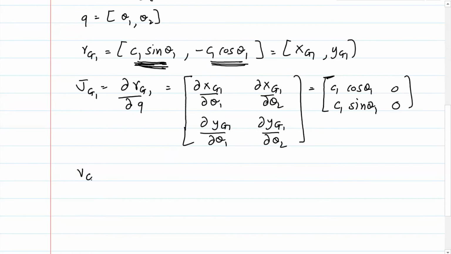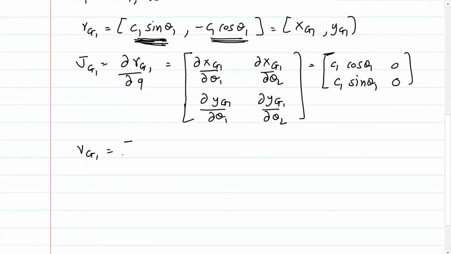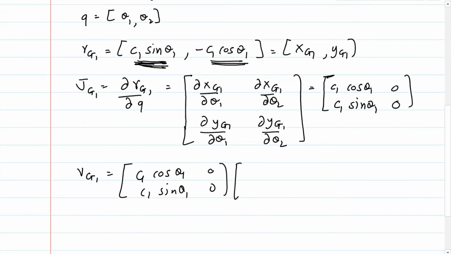So if you want to find VG1, it's going to be C1 cosine theta 1, C1 sine theta 1, 0, 0 times q dot. The q dot is going to be the rate of change of q. So that's going to be omega 1 or theta 1 dot and omega 2.